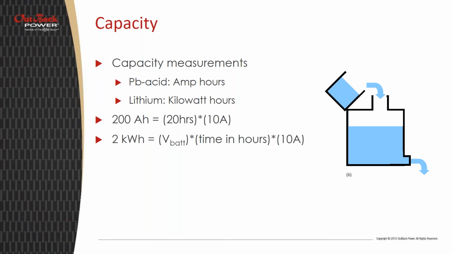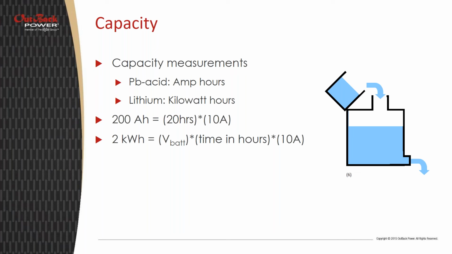So for kilowatt hours for lithium batteries, let's say we have a lithium battery that's rated at 2 kilowatt hours. So that equation is our battery voltage multiplied by time multiplied by our discharge current.